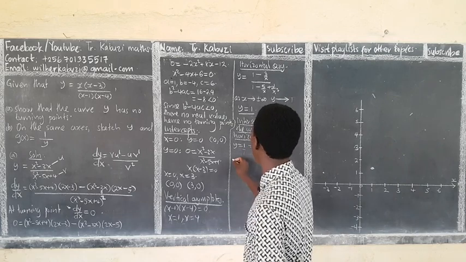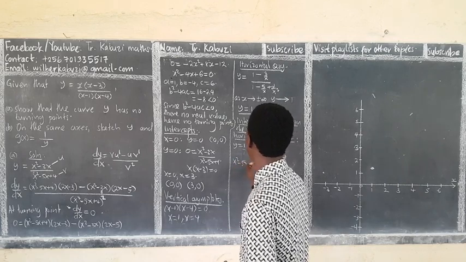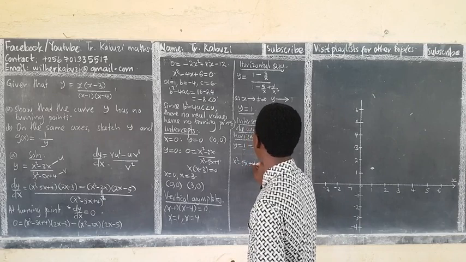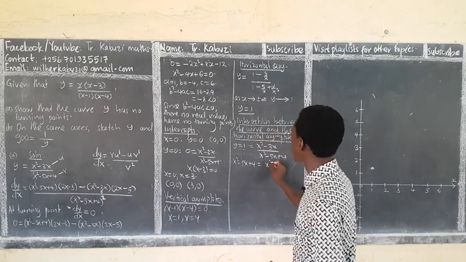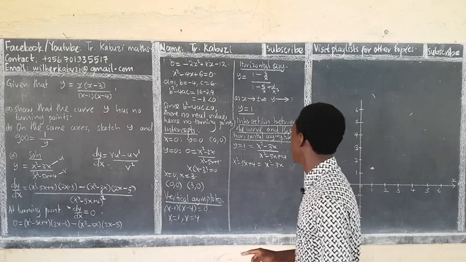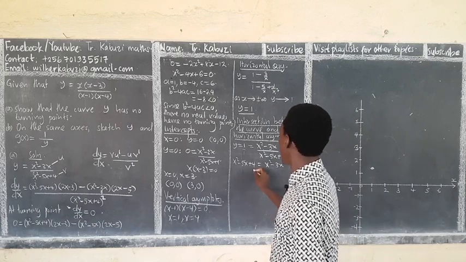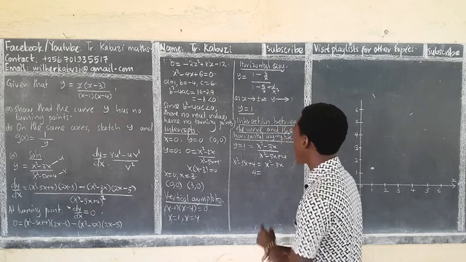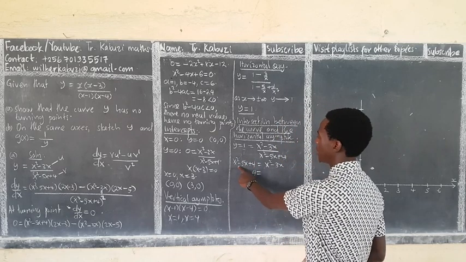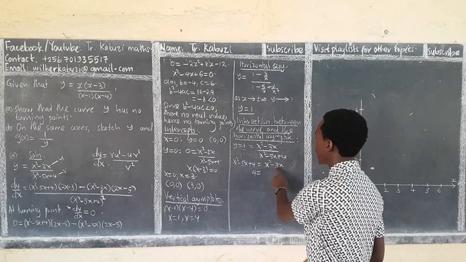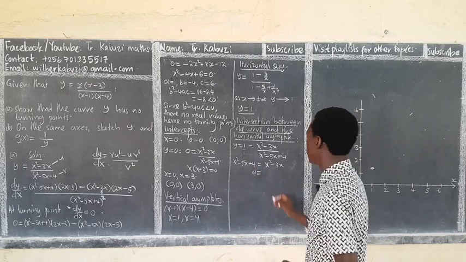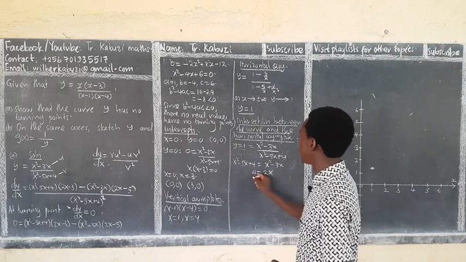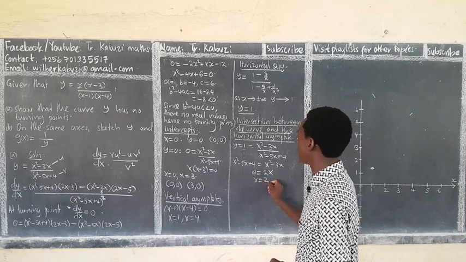Cross multiply, there we have x squared minus 5x plus 4 equaling x squared minus 3x. So when I take this side, I have 4. You see this one is going to cancel. So I have 4 equaling, when I take this, it will become positive, negative 3x plus 5x, I get 2x. So my x here becomes 2.